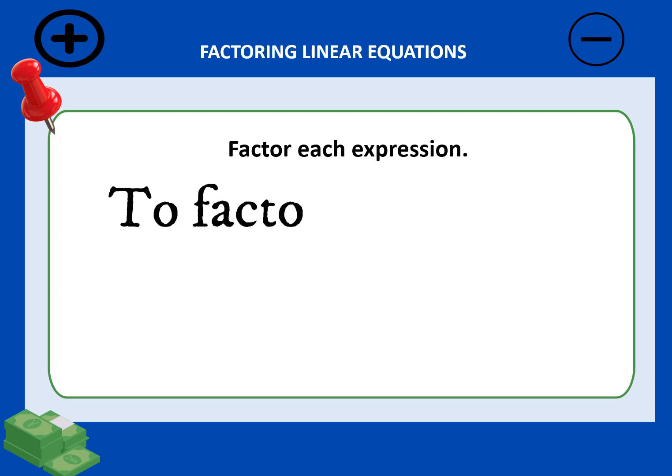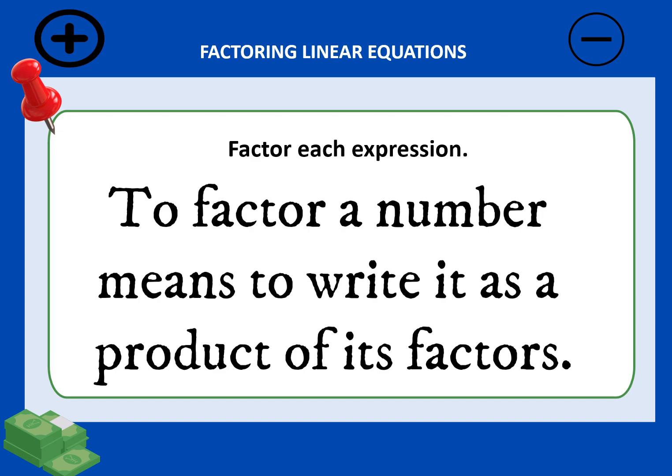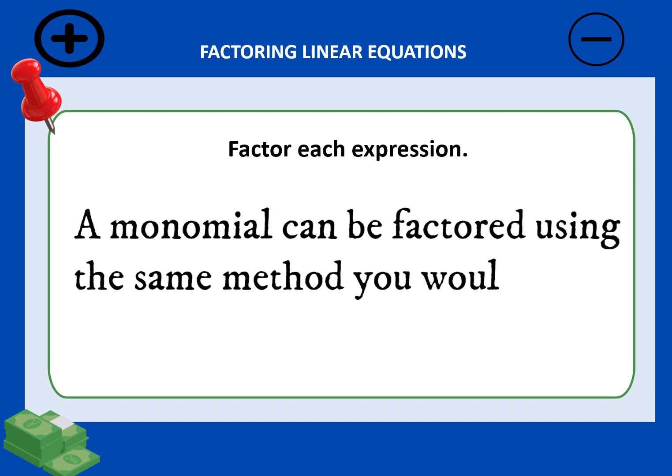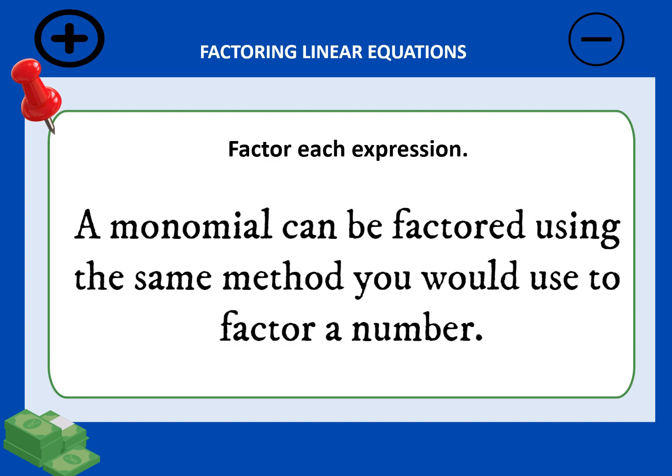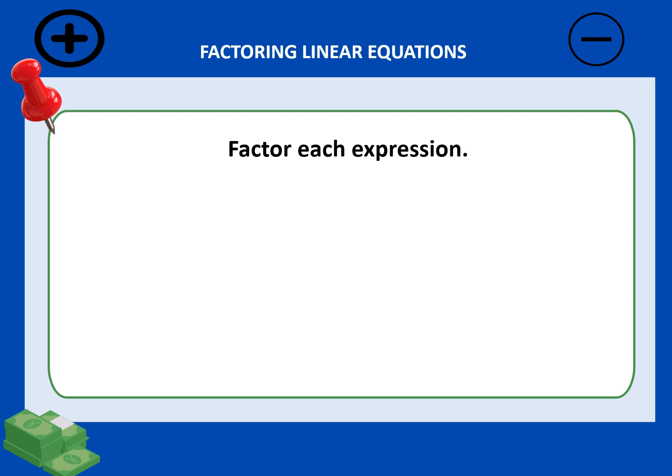Alright, to factor a number means to write it as a product of its factors. A monomial can be factored using the same method you would use to factor a number. Okay, this is our first example. 15cd minus 35c. So to factor this expression, first we're going to get the greatest common factor of 15cd and 35c, which is equal to 5c.